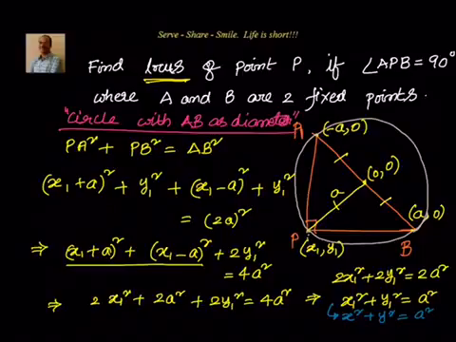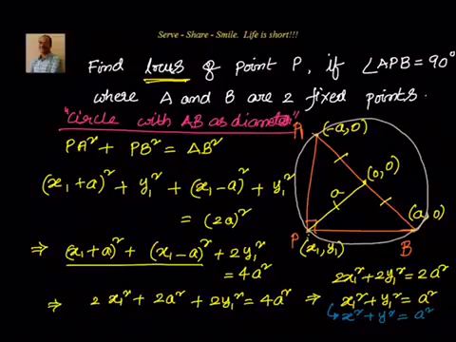Let's summarize this. Find the locus of point P if angle APB equal to 90 degrees, where A and B are two fixed points. Now in the second method, we want to apply Pythagoras theorem because we know angle APB is 90 degrees.